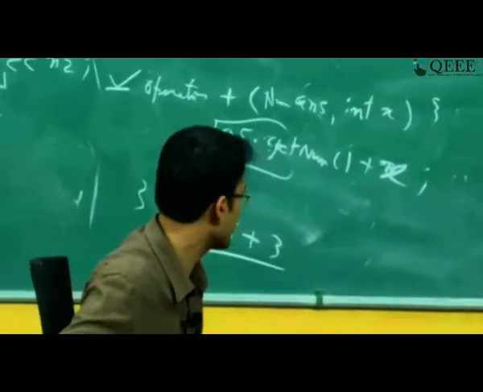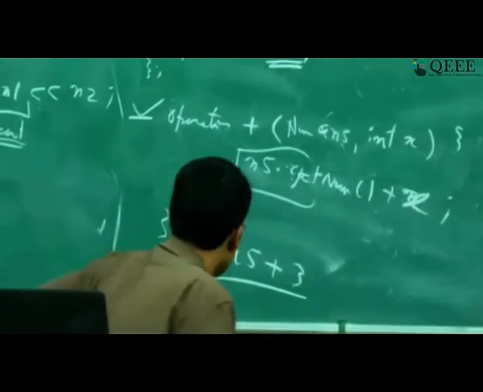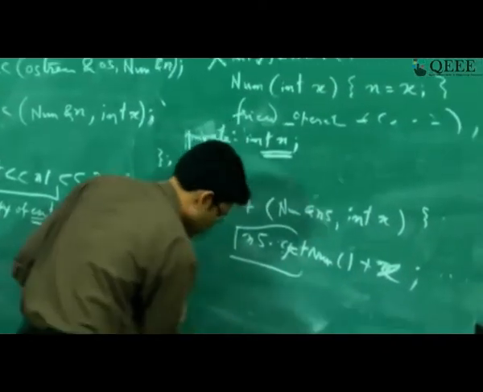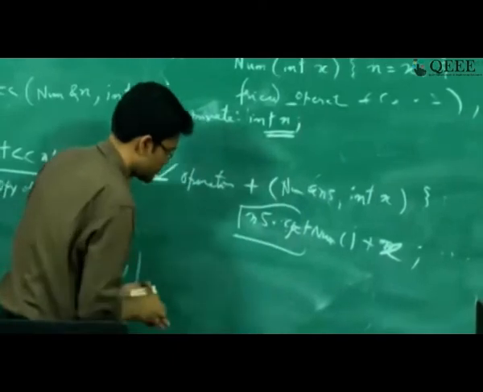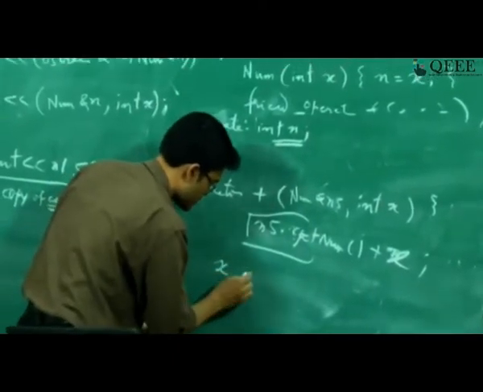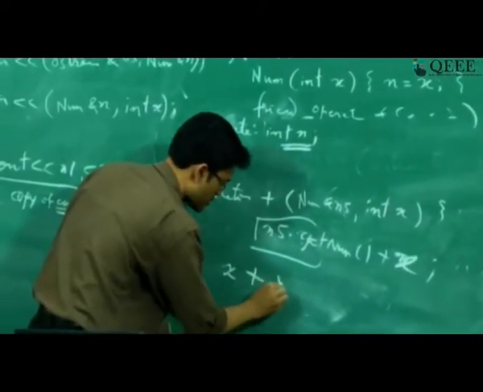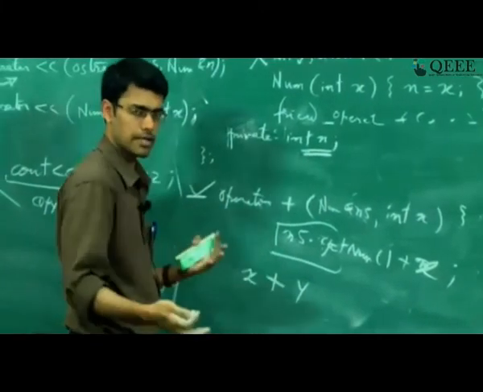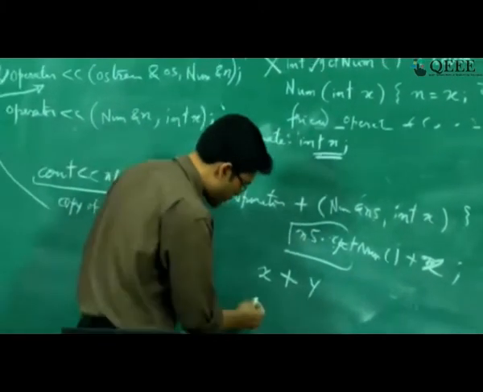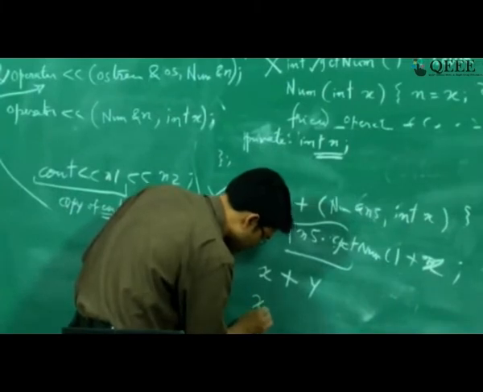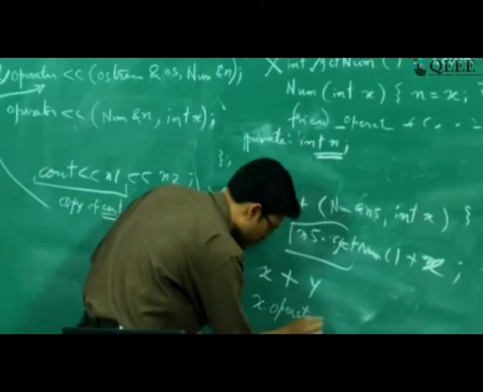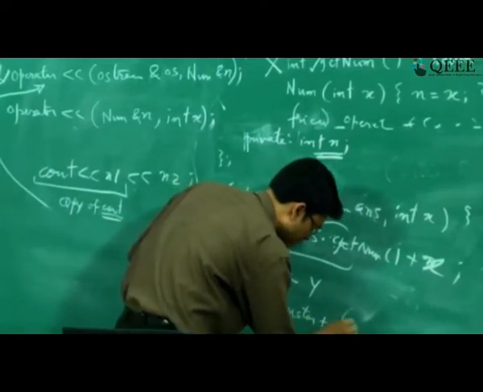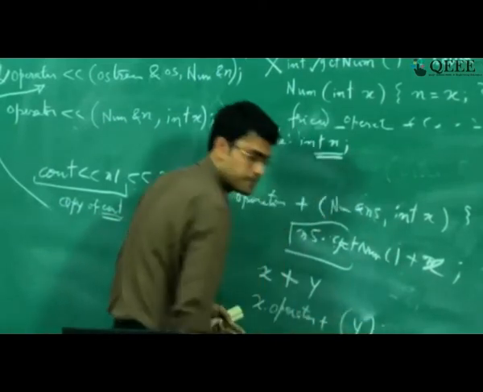So whenever you have an expression of this type, x, let's say some operator plus y, right? This is an expression that we are talking about, it's a binary expression. Then the way it gets converted is that x dot operator plus, on that you pass y as a parameter.